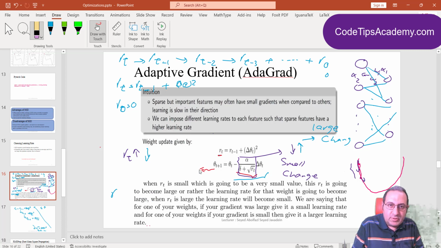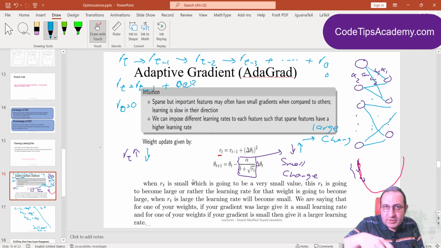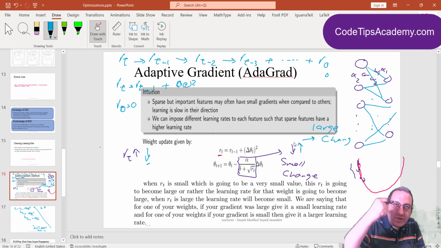I make this slide cleaner. Okay, from this formula, you can see that in the first steps we have little RT, which means that RT in the first step is very small, and that means we have a large change. In the first steps of the loss function, we want to move toward the global minimum with large steps.